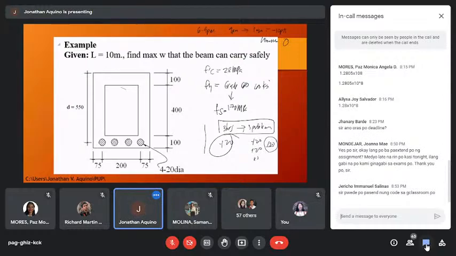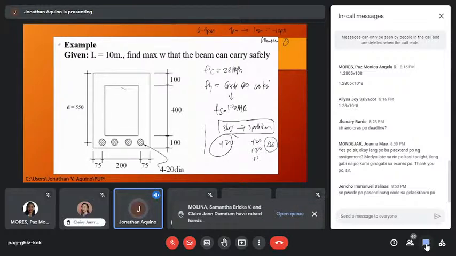Okay? Mahaba naman yung 3 hours for the 3 problems. You can solve the one problem, especially for investigation, in less than 30 minutes. Ang medyo mahaba lang yung design problem kasi dini-design mo siya. After designing, i-arrange mo pa yung bakal, tapos kukunin pa yung moment capacity.